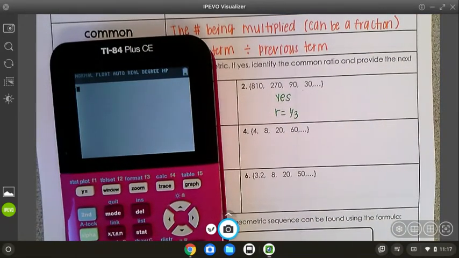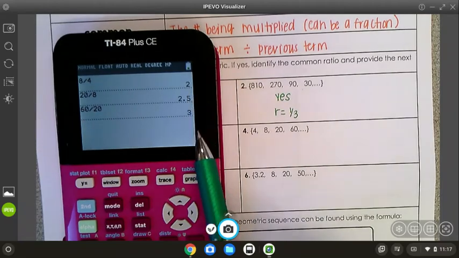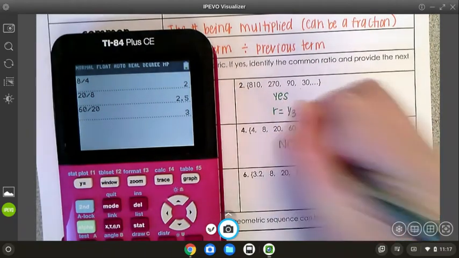Number 4, 8 divided by 4, 20 divided by 8, 60 divided by 20. So we're not getting the same number every time. So this one is no.